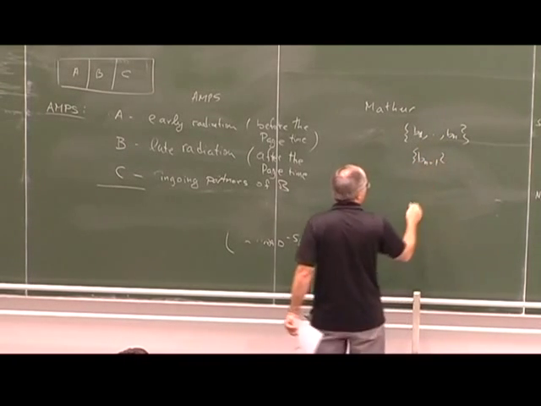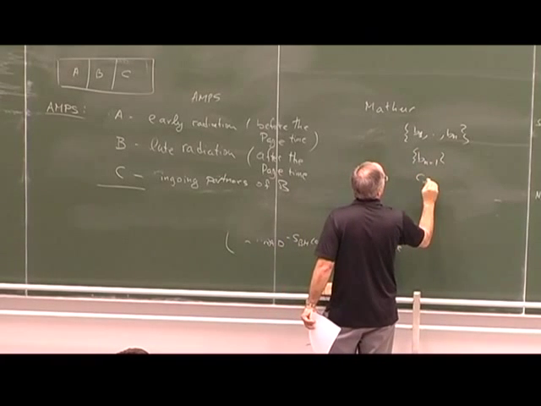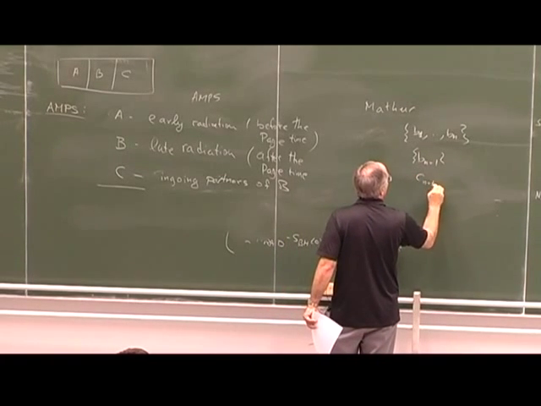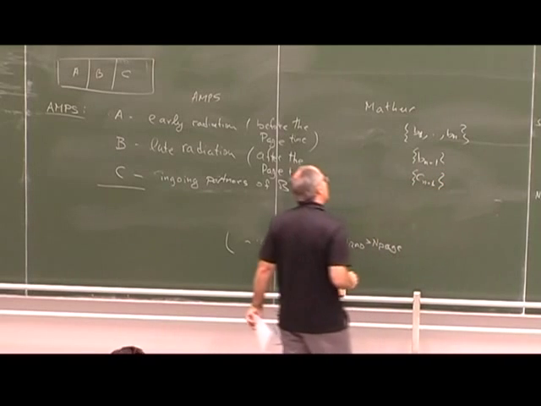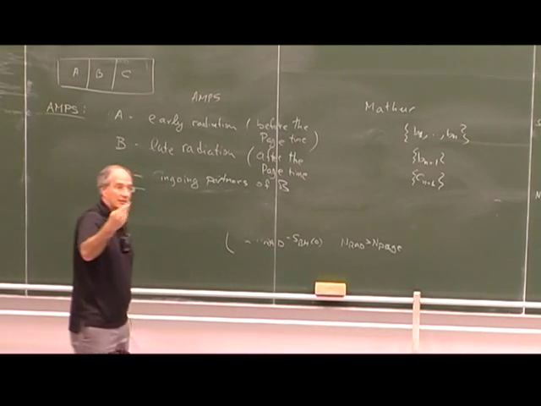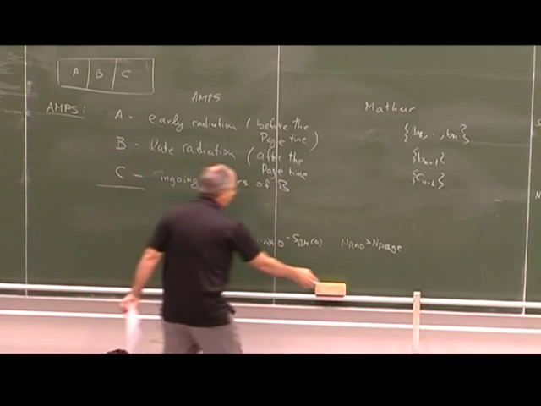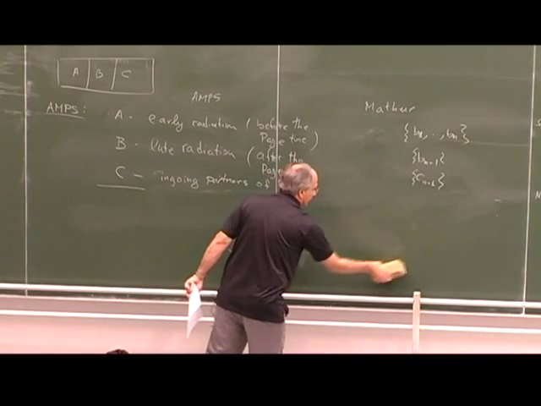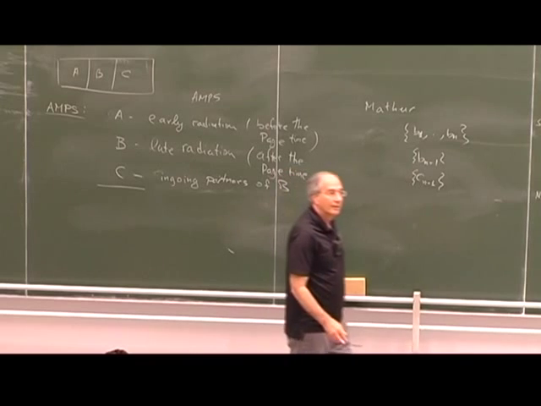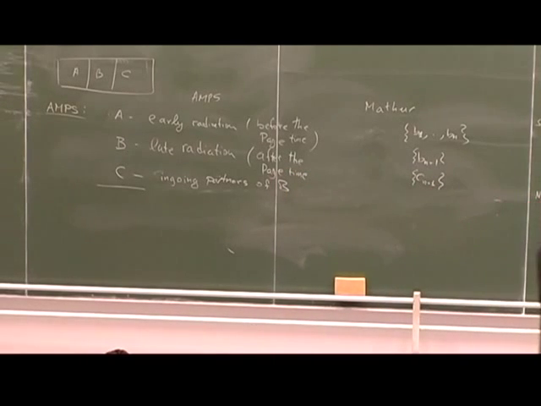B is the next emitted Hawking mode, and then C is the partner of that mode. But let me phrase it in terms of the AMPS. So the B's are the outgoing mode, and the C are the ingoing partner.